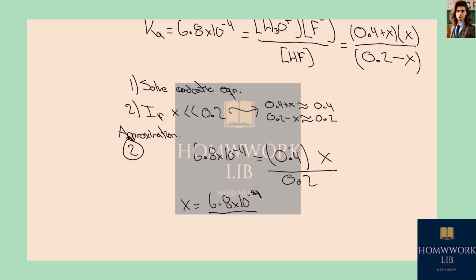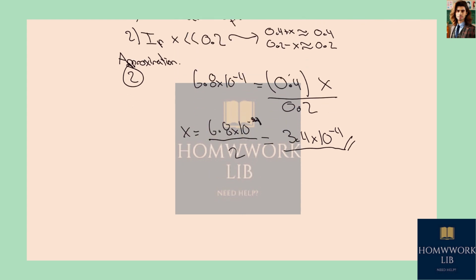It passes dividing, so divide by 2. So x would be 3.4 times 10 to the minus 4. The nice thing about this procedure is that we don't need to do any operation in the calculator. Everything is simple math. And remember that the value for x is equal to the concentration of F minus.